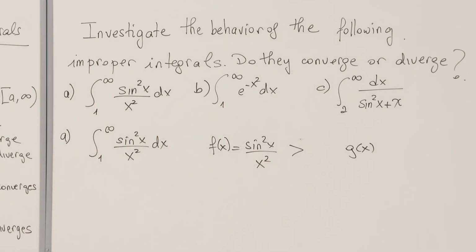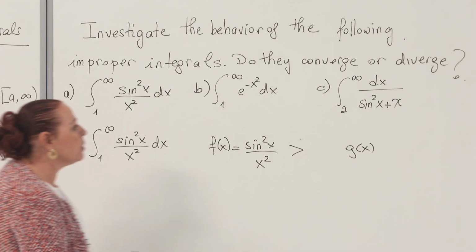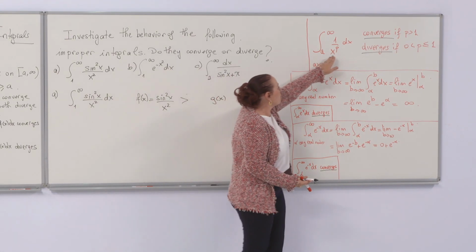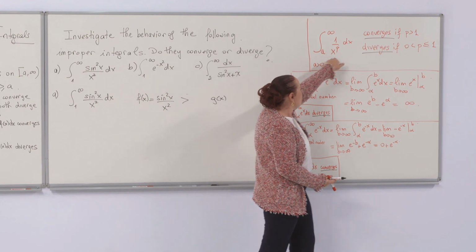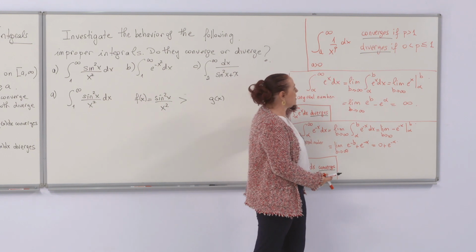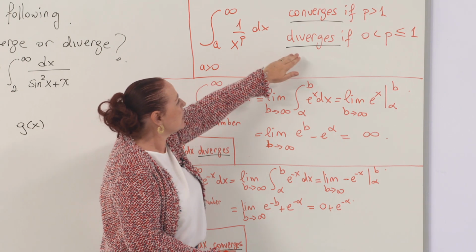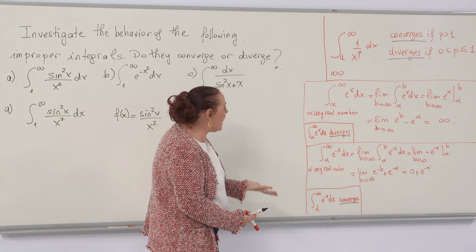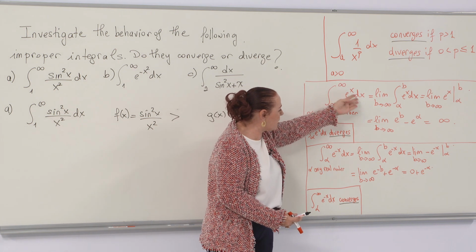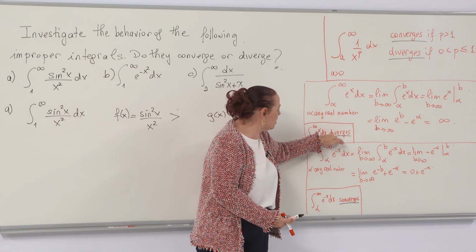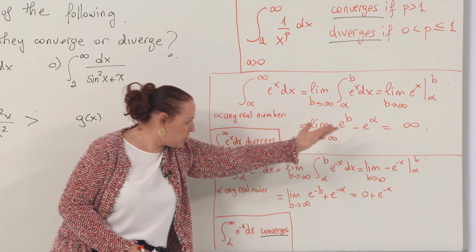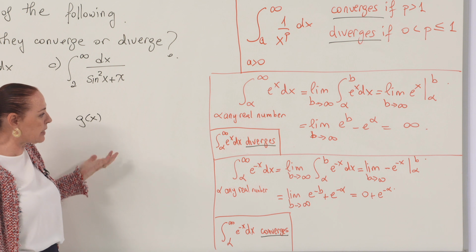So how do I do the decision? That's the problem. Well, I don't have much to think about. I have the p integral that I know converges if p is greater than 1, and diverges if p is between 0 and 1. I have e to the power x, which is a divergent improper integral because of the limit definition; the limit doesn't exist.